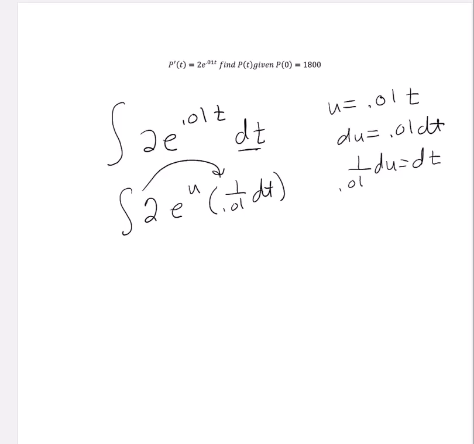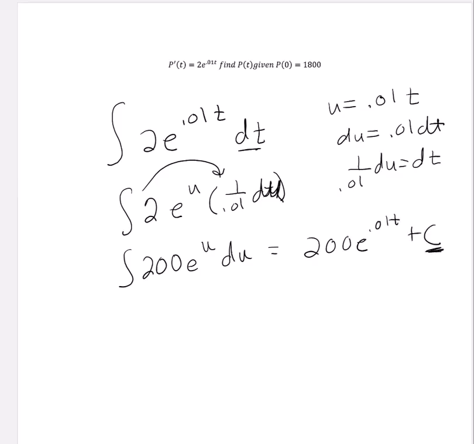And when I divide by something small, I get something big. 2 divided by 0.01 is now 200. So I have 200, I'm still integrating, e to the u, and this is du. Now when I integrate, I just have 200e, then the 0.01 t comes back in, and then I have plus c.